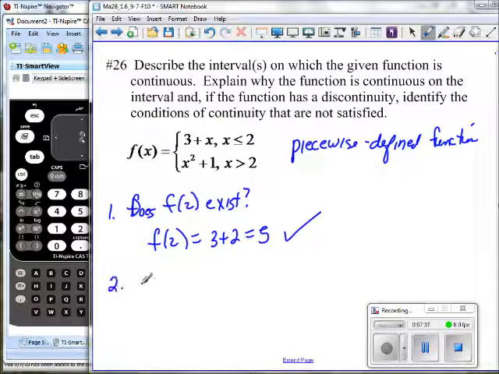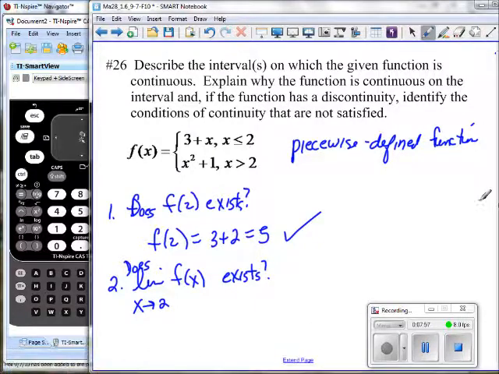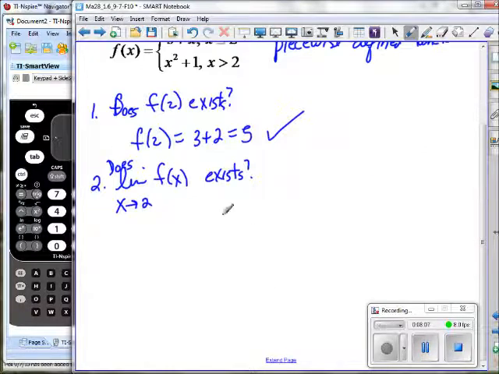Number 2. The limit as x approaches 2. The question is, does that exist? Remember, limits exist if they have the same value from the less than 2 side as they have from the greater than 2 side. So we've got a little bit of work to do here.